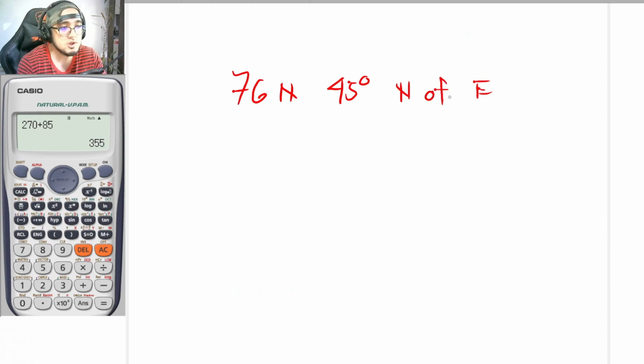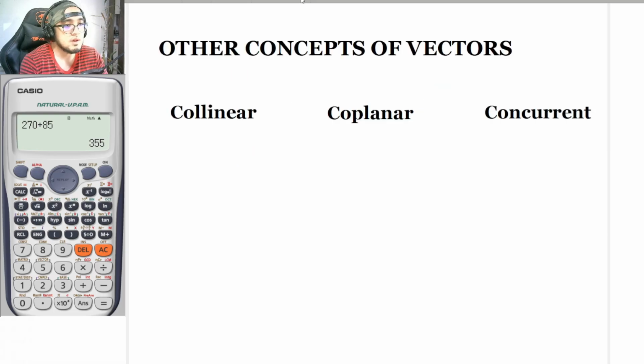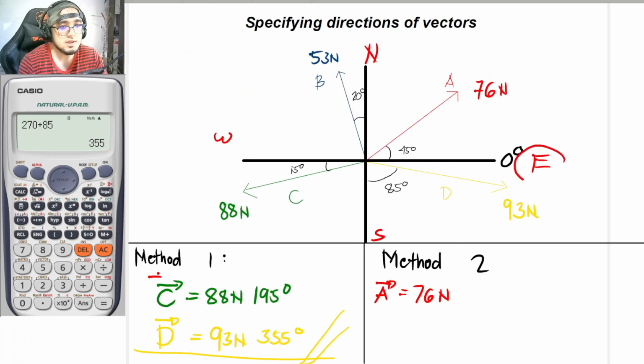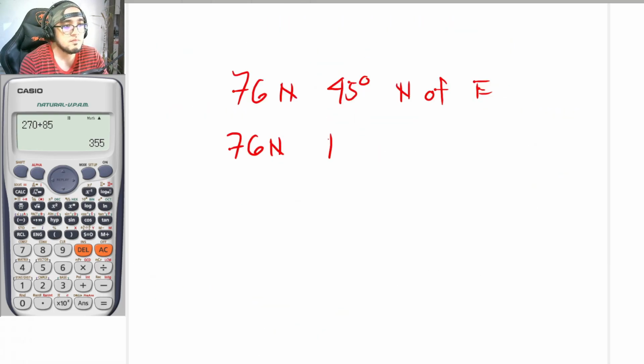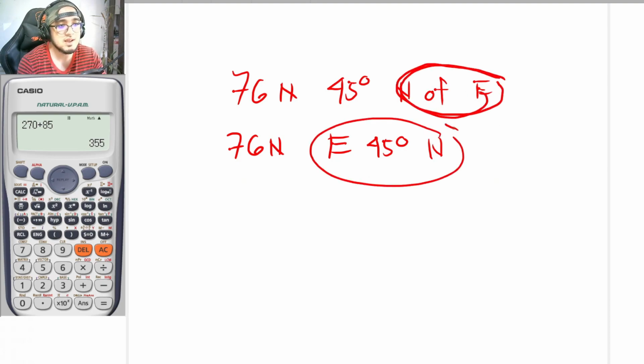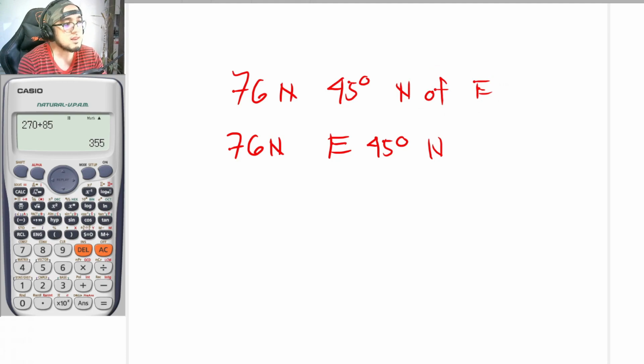So you can write it this way, or you can also write it this way. So 76 newtons east, 45 degrees north. So do not get confused here, guys. So this is the same as this. So if you would be writing it this way, north of east, this is actually wrong.